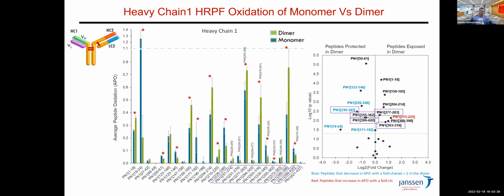The plot on the right-hand side is a bar graph showing the average peptide oxidation for all the peptides that we observe. The red asterisk on the top of each of these bar graphs in the peptides that we've listed here are statistically significant differences in their ratios. And the purple rectangles showing these sequences are peptides that are common with heavy chain 2.